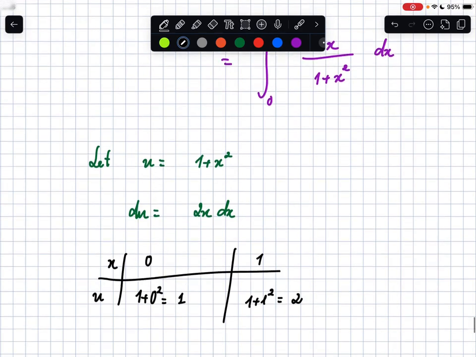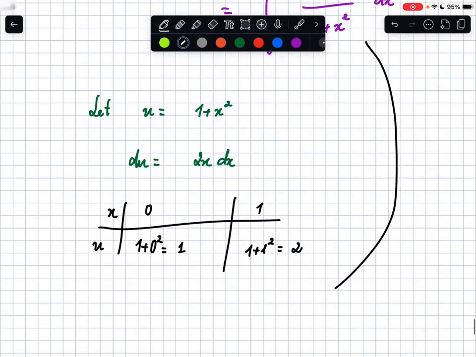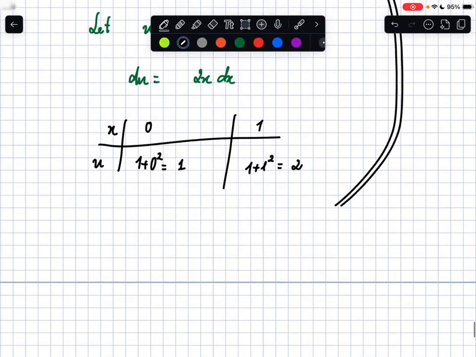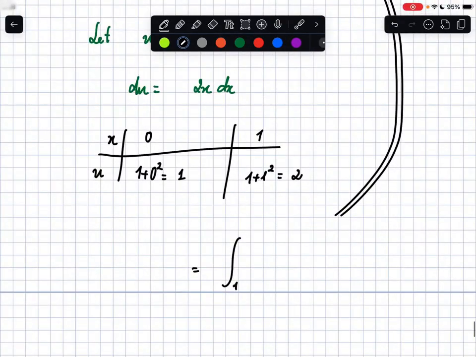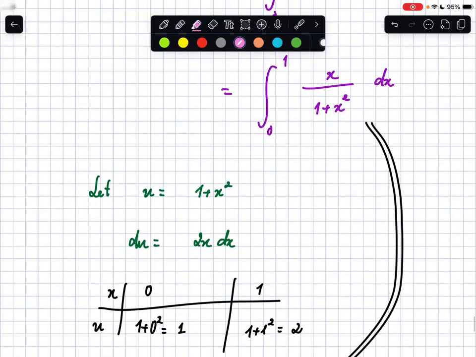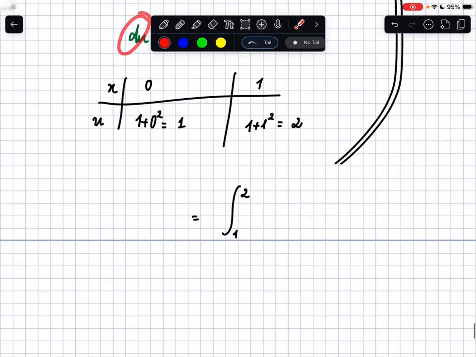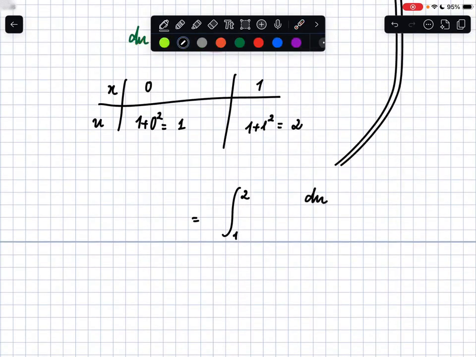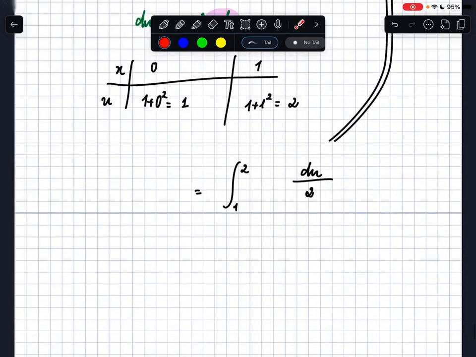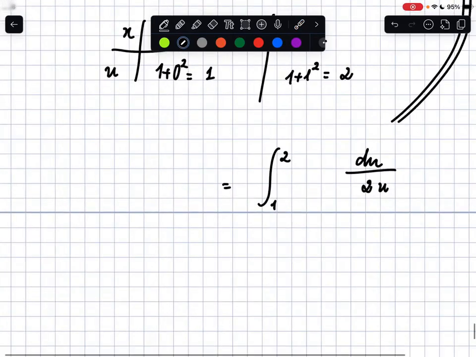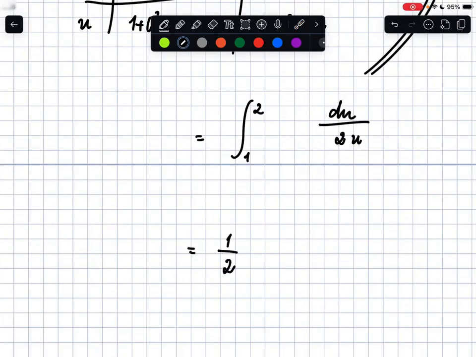So this integral can be written as the integral from 1 to 2, where x dx is du divided by 2, multiplied by 1 over u. So du over 2u, with 1 over 2 outside: the integral from 1 to 2 of du divided by u.